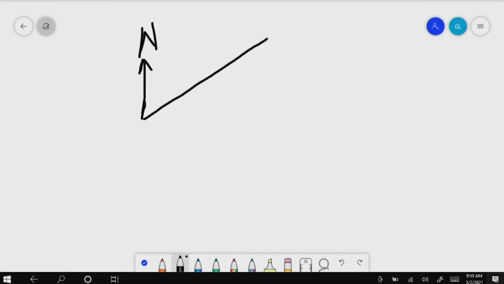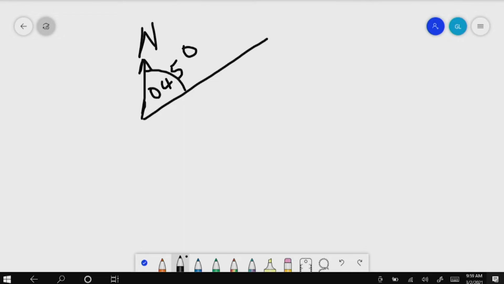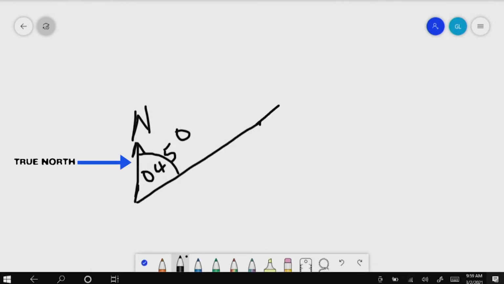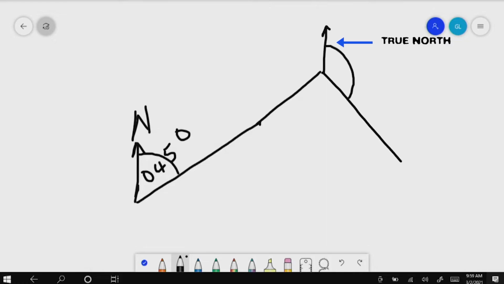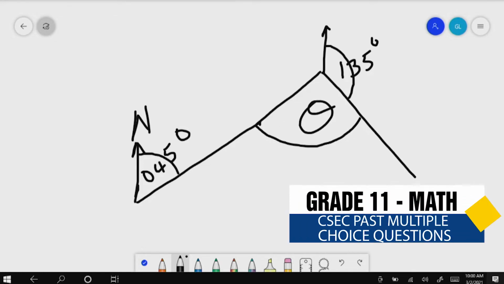This plane is traveling on an angle of 045 degrees to some direction, after which this plane changes its course in a clockwise direction to 135 degrees. They're asking us at what angle did this plane turn, and we're looking for that angle there.